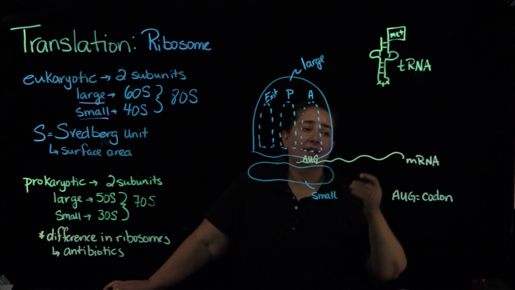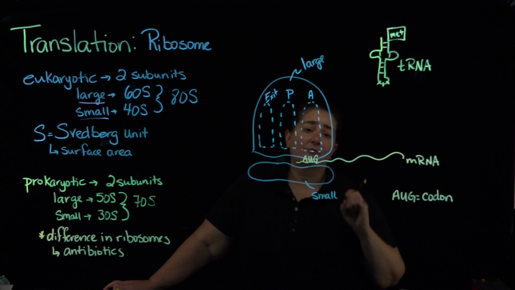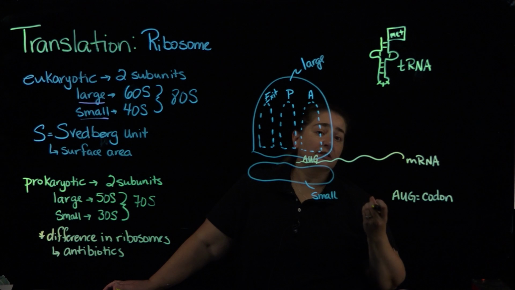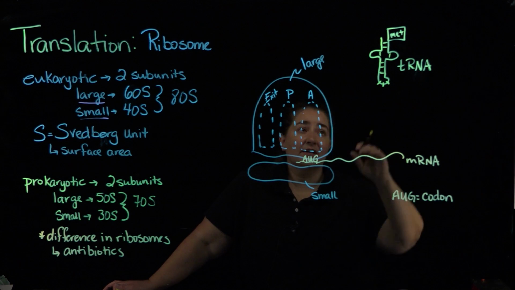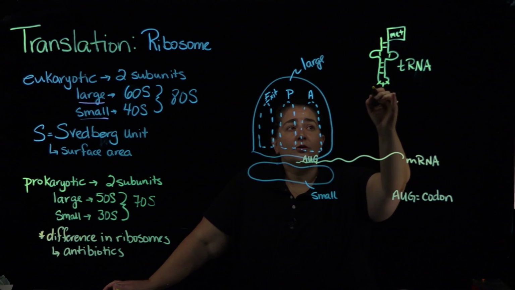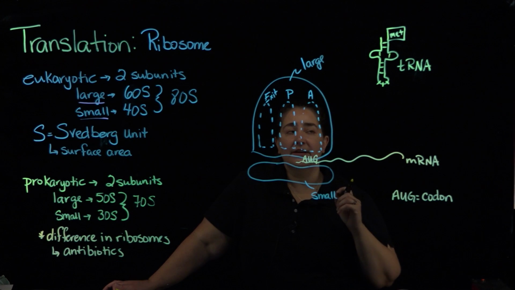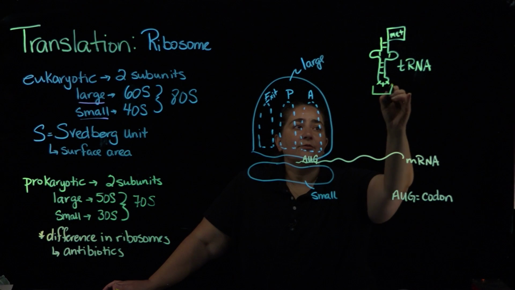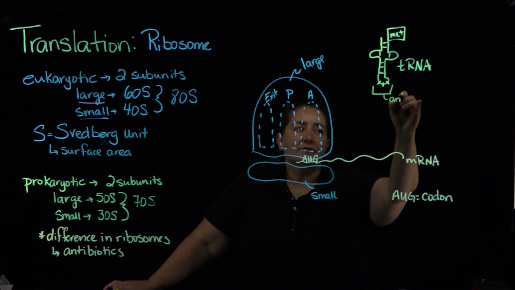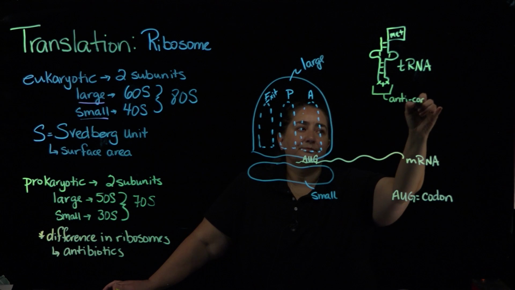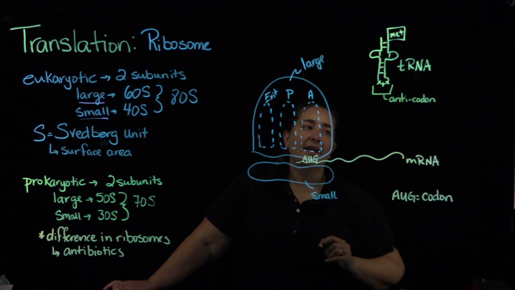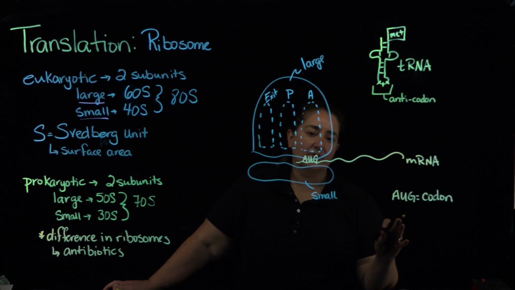It's called tRNA because that folded three-dimensional shape looks a little bit like a T. At the very lower loop of our tRNA, we are going to have a region known as an anticodon. And our anticodon is going to be complementary to our codon.